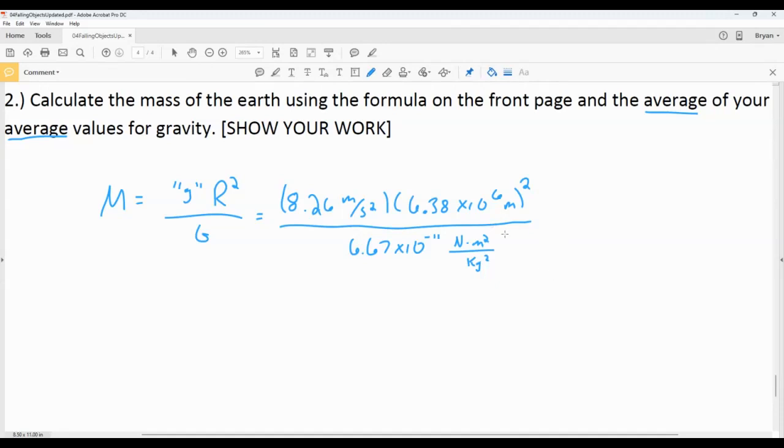Okay, so what's going to happen with the units? Some of this is easy to see and some of it's not. So the meters squared cancel the meters that get squared from here. Then we want to remember that newtons are kilograms times meters per second squared. So what that's going to do, it's going to cancel out the meters per second squared from the top.